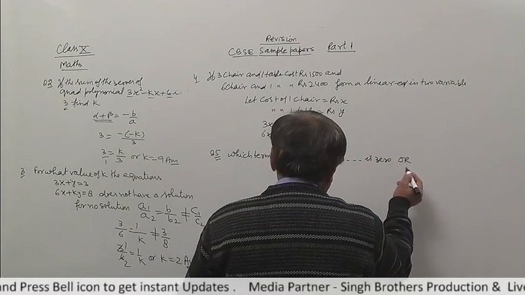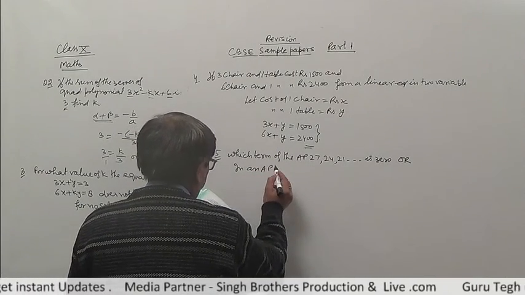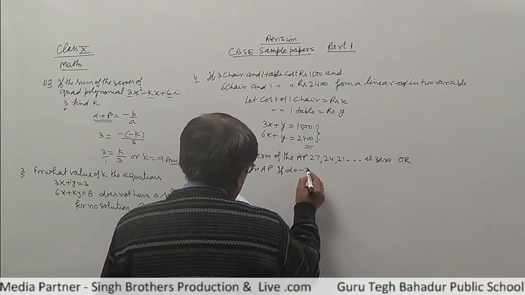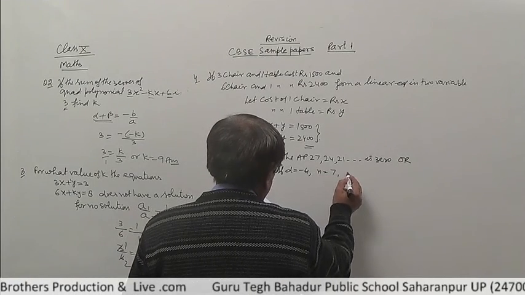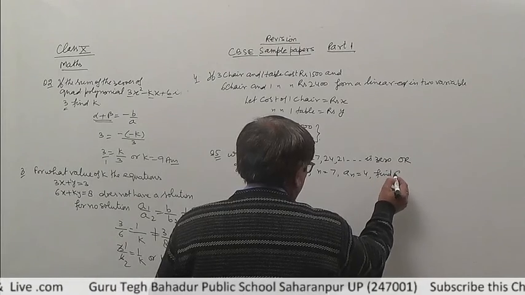Or, in an AP if d is equal to -4, n is equal to 7, a_n is equal to 4, find a.